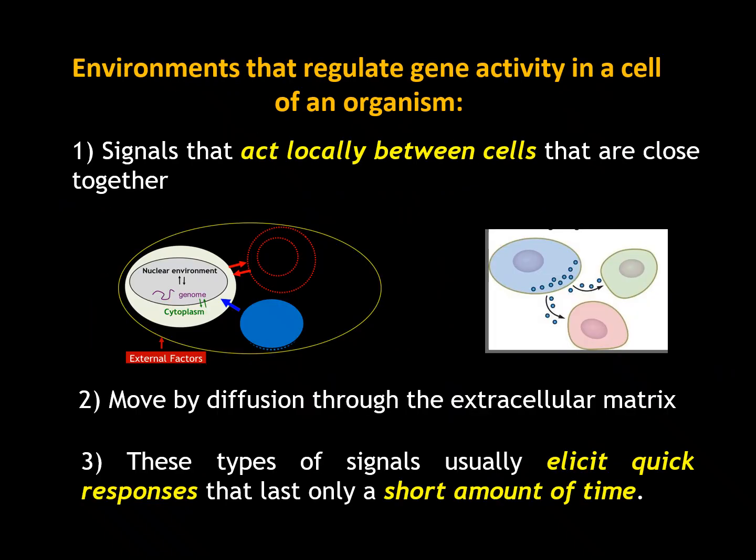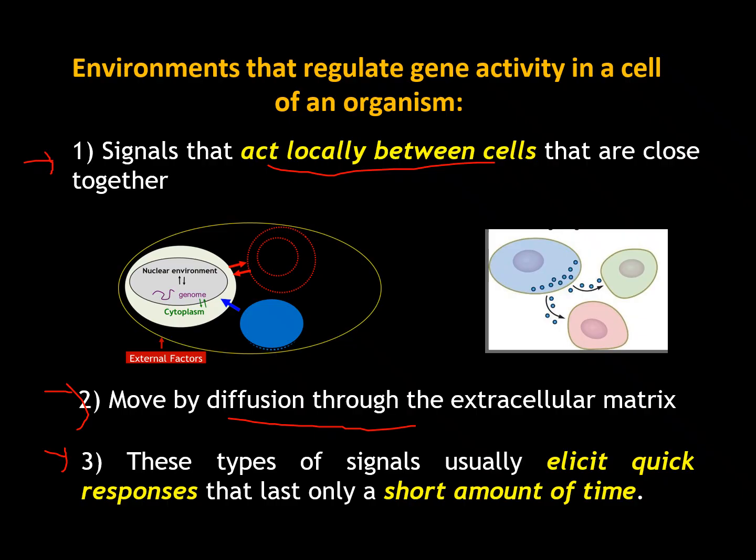Okay, in this case, the paracrine functions have three main characteristics that I'm going to tell you in this slide. Here, 1, 2, and 3. The first one is that the signals act locally between the cells, and they are close together, as I said before. The second thing is that they move through diffusion in the extracellular matrix.